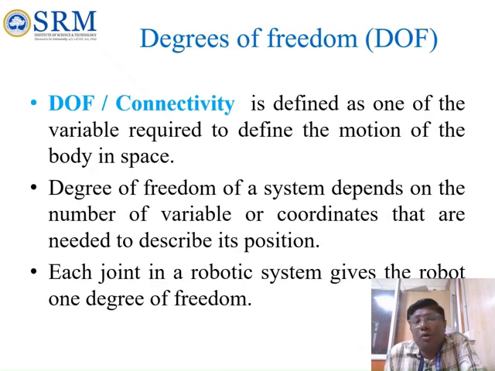And now we'll go to what is meant by degrees of freedom. See, each one is having degrees of freedom. What is the clear definition of degrees of freedom? Degrees of freedom is defined as the number of variables required to define the motion of a body in space. So the degrees of freedom in a system depends upon the number of variables or coordinates that are needed to describe its position. So each joint in a robotic system gives the robot 1 degree of freedom, depending upon the joint.